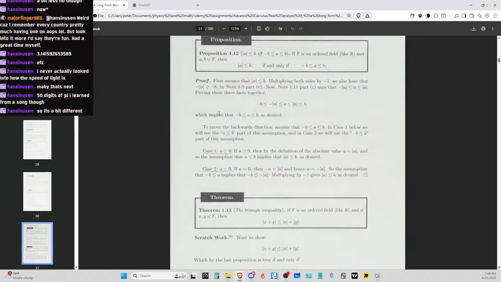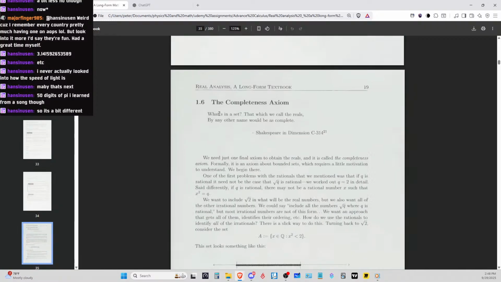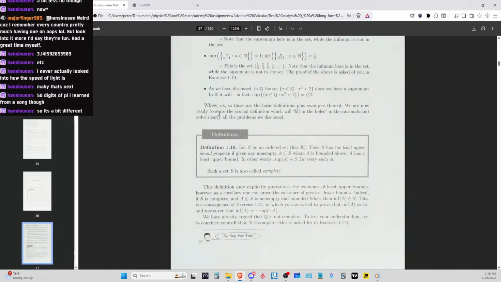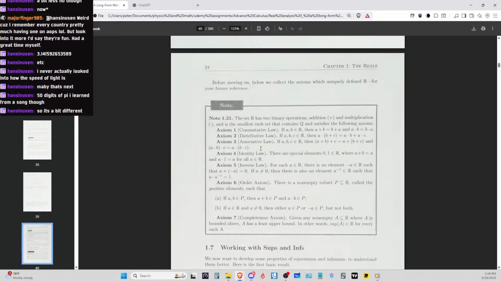I just don't want to remember all the axioms, so I'm just gonna find where it is.